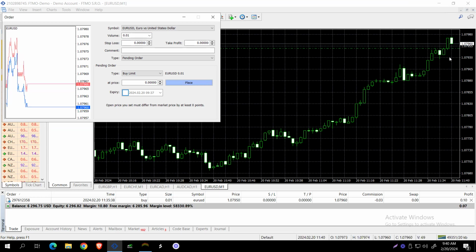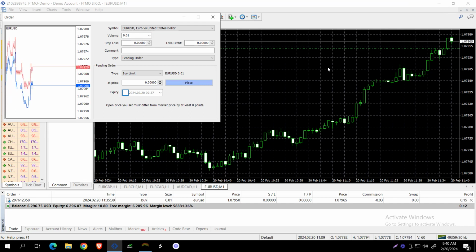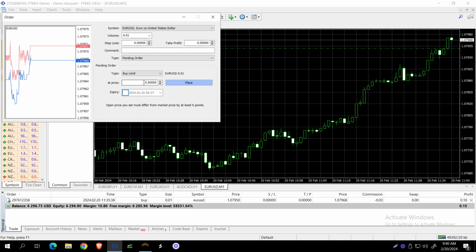If it gets to this level, then we want to buy or we want to sell. Those kinds of orders are pending orders. We create the order, but it will not be executed immediately because the market has not yet risen to the point, or is not yet as low as the point where we want to enter the trade. Do you get it?